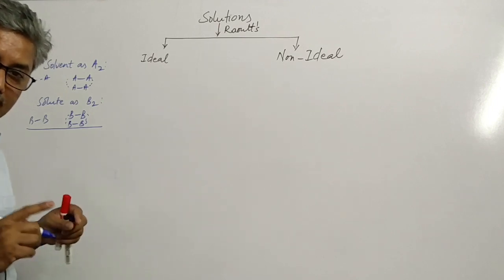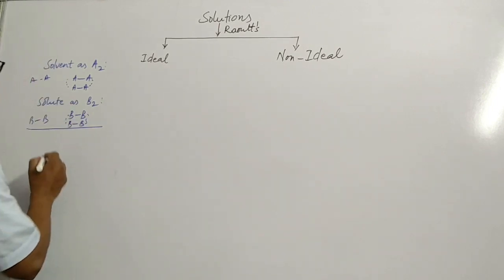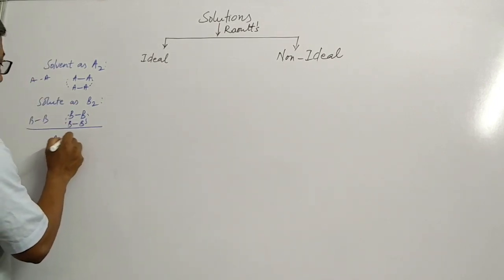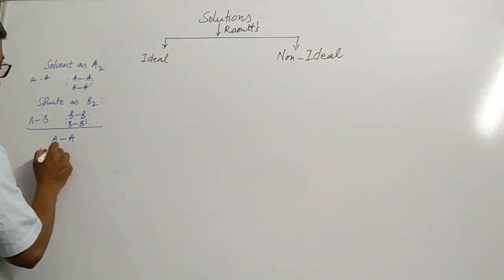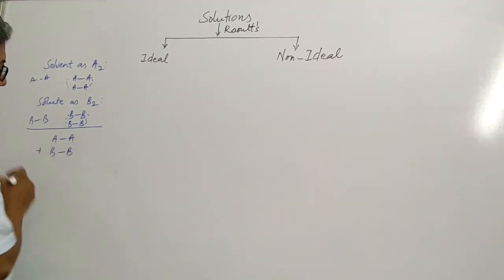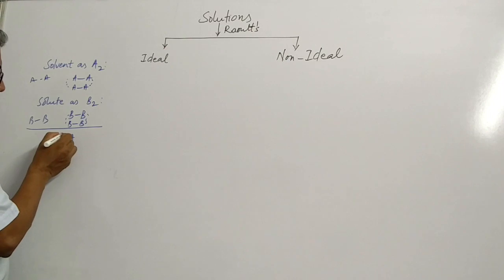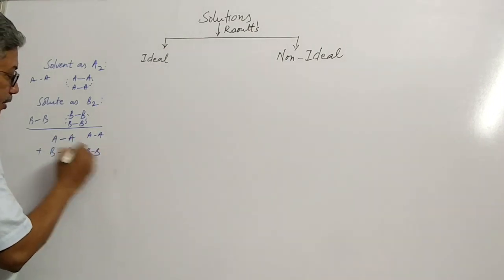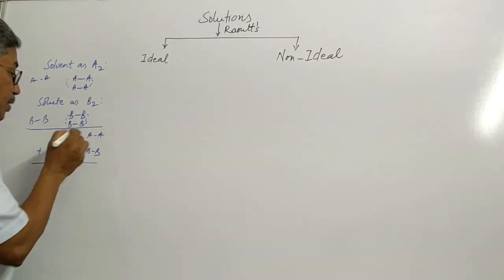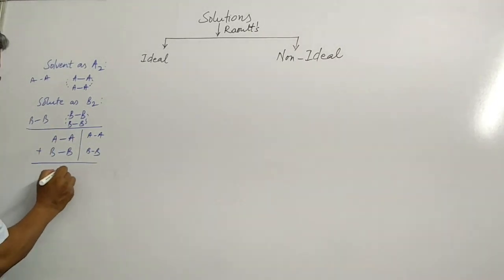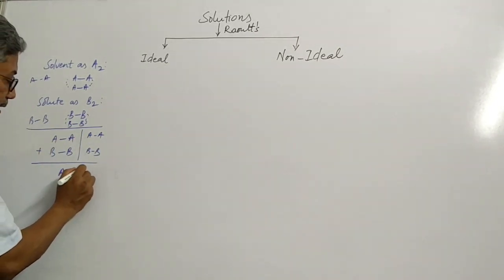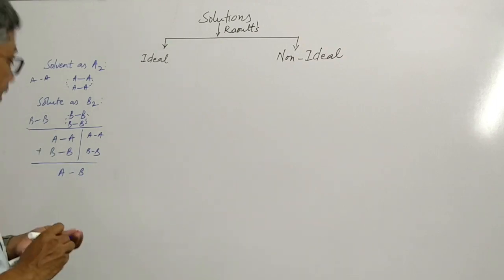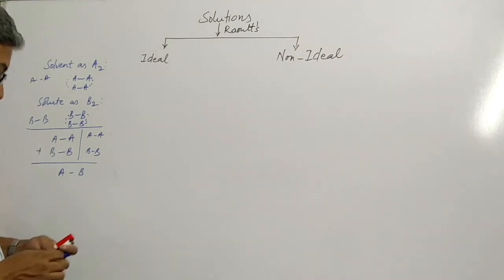Upon mixing, what do we notice? Here AA is mixed with BB. Apart from having AA interaction and BB interaction, we notice that a new type of interaction is also found, which is called AB interaction. This is very much important, students.